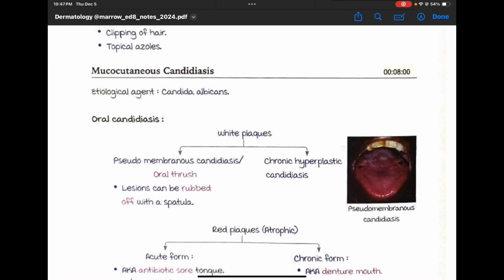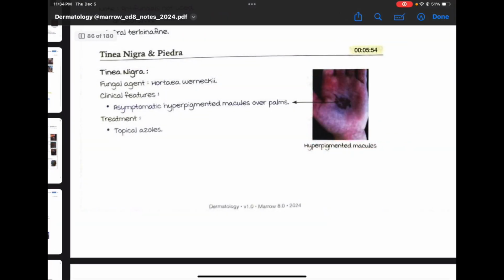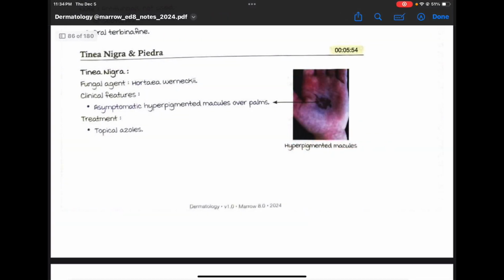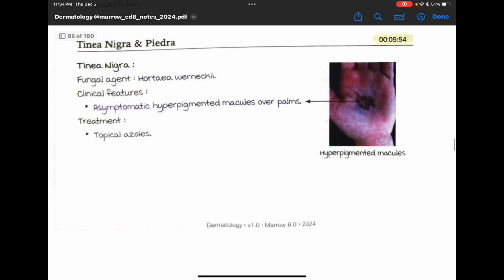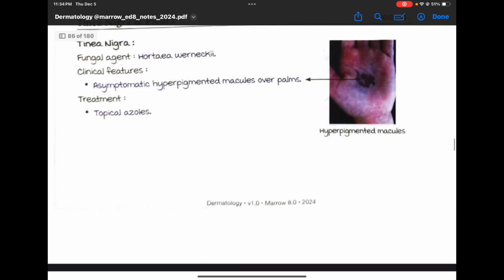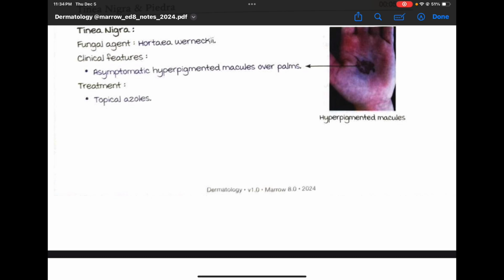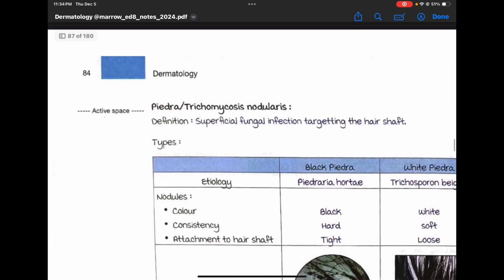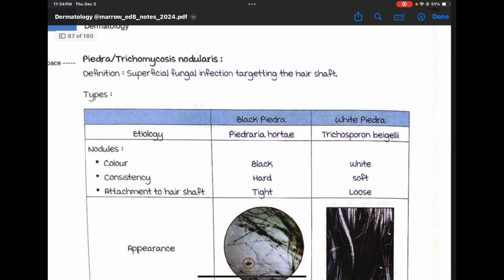Mucocutaneous candidiasis. So nigra means black. Fungal agent is Hortaea werneckii. Clinical features: asymptomatic hyperpigmented macule over palm. Treatment: topical azoles. Piedra.